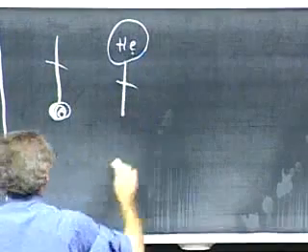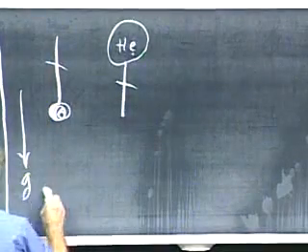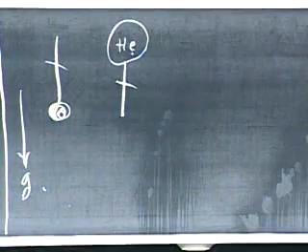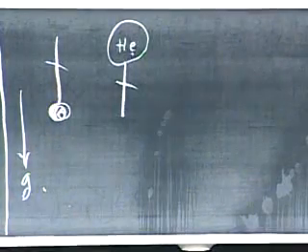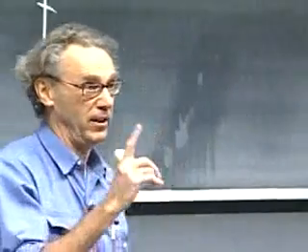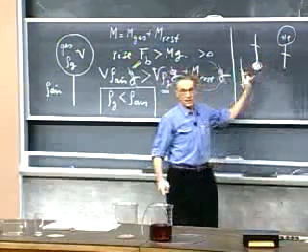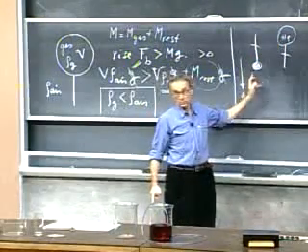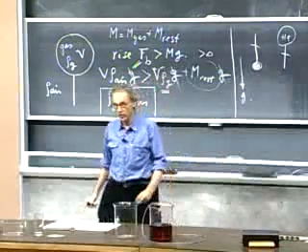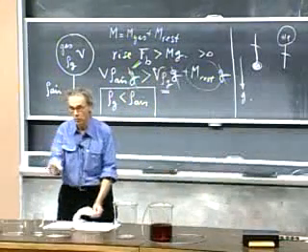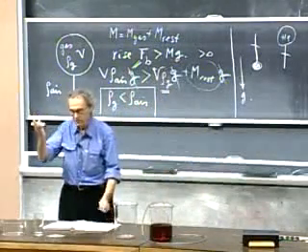I cut this string and I cut this string. Gravity is in this direction. The apple will fall. The balloon will rise. The balloon goes in the opposite direction than the gravitational acceleration. If there were no gravity, this balloon would not rise, and the apple would not fall. Do we agree so far? Without gravity, apple would not fall, balloon would not rise.